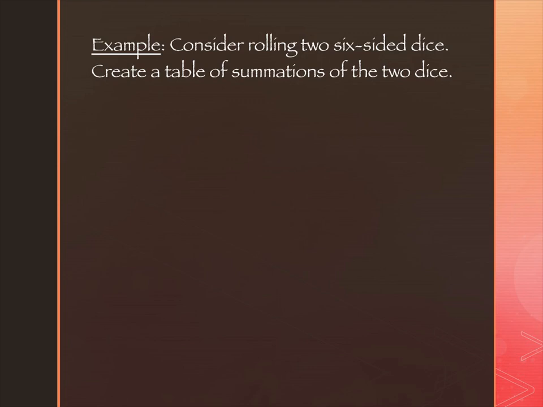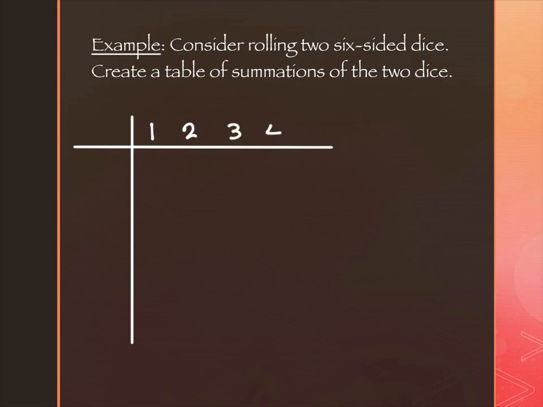What we're going to do first is create a table of the different options of how the dice can show up when we throw them. One of the nice ways to do that is to create a chart that looks kind of like this. We're going to list across the top, and then down the left-hand side, all the different options that the face of the die could roll. On top, I'm going to write a 1, a 2, a 3, a 4, a 5, and a 6.